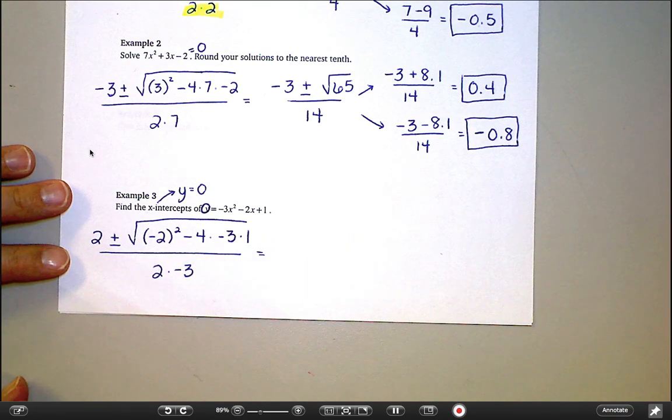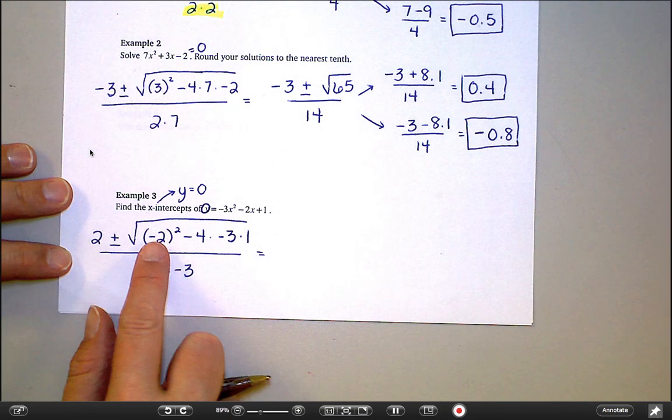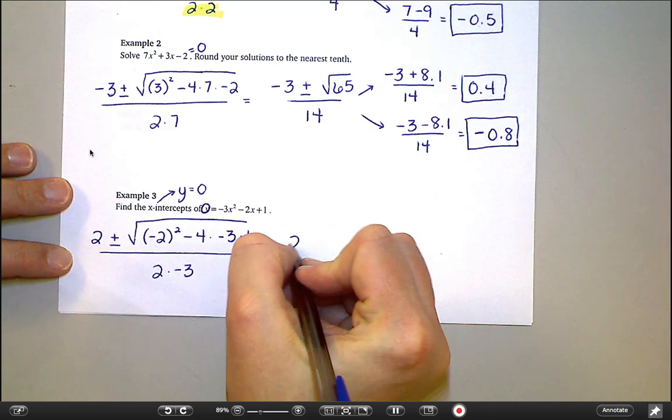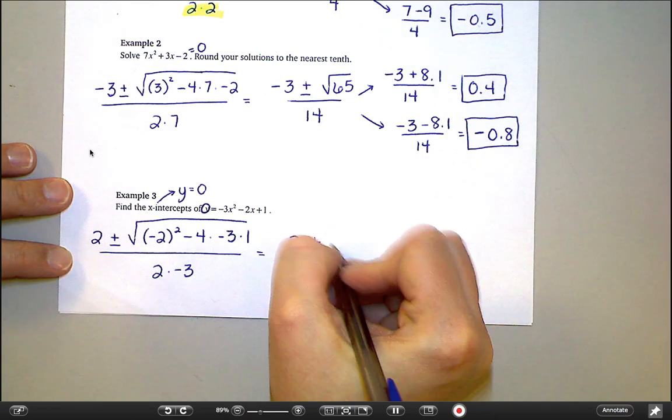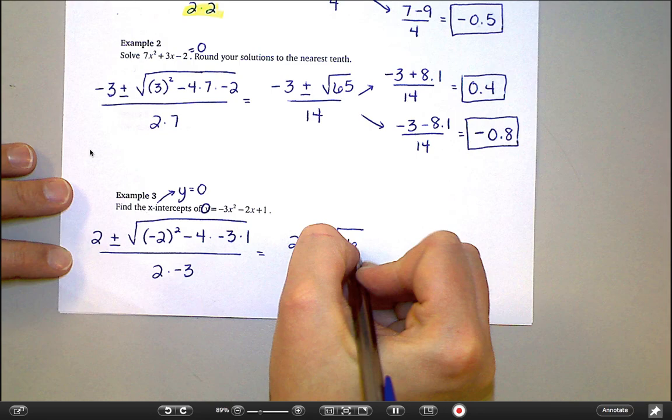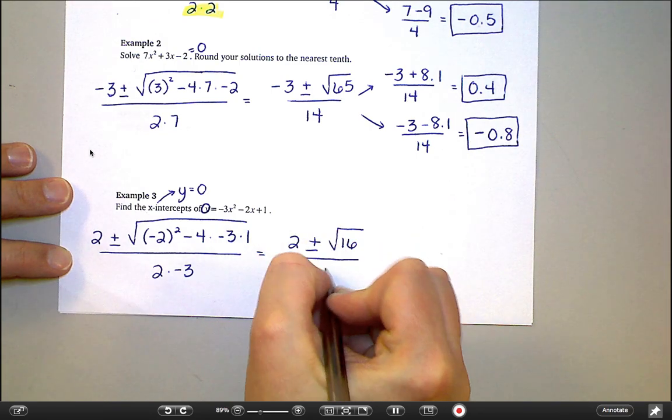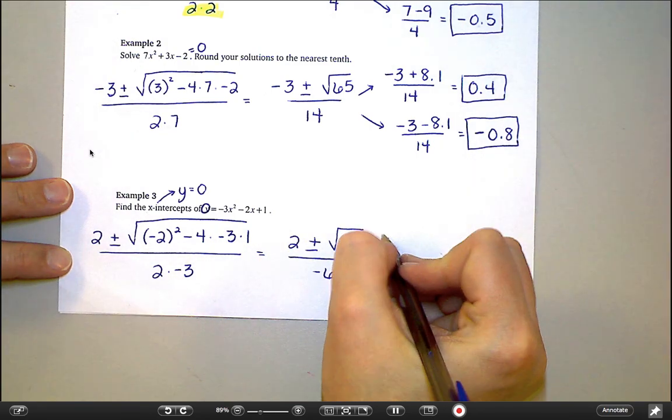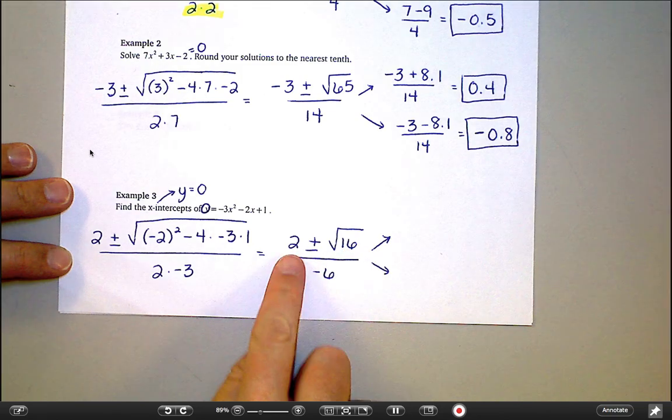I'm going to do what's under the square root there. I believe that's going to come out to be a 16. 4 plus 12 is 16. Yep, so I get 2 plus or minus square root of 16 over negative 6. Okay? Split.